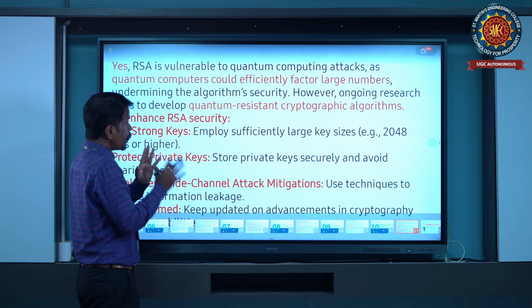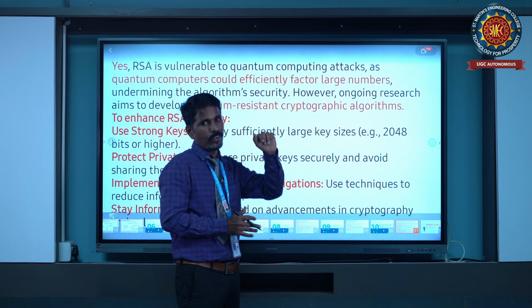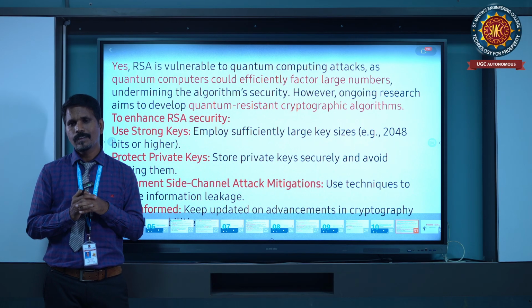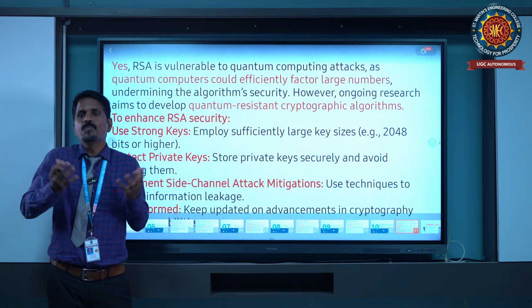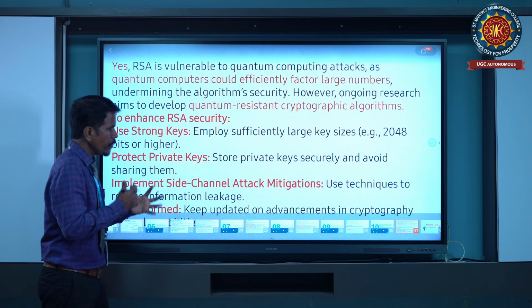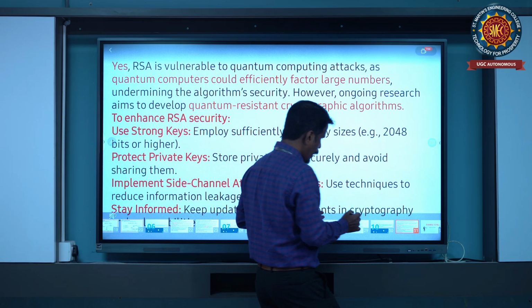So our research is on quantum resistant cryptography algorithms. If I have a quantum resistant algorithm, then you feel more comfortable and secure.